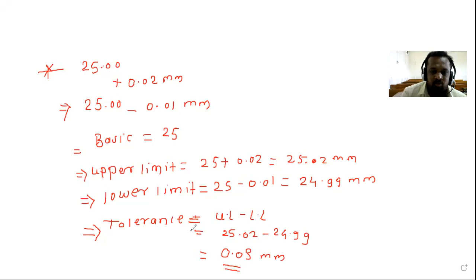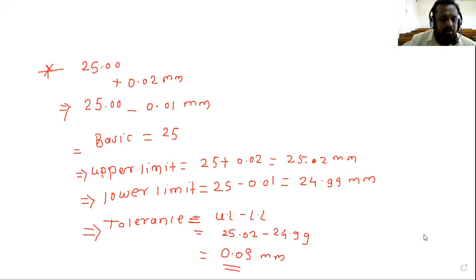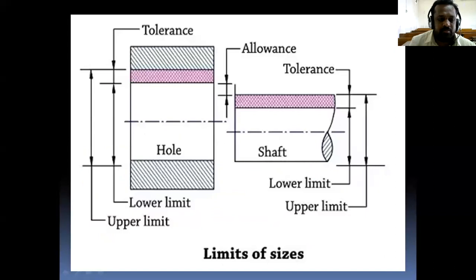Okay, now see here, I will write down here. Okay, now it is visible. Now see here, for example, this is the hole.